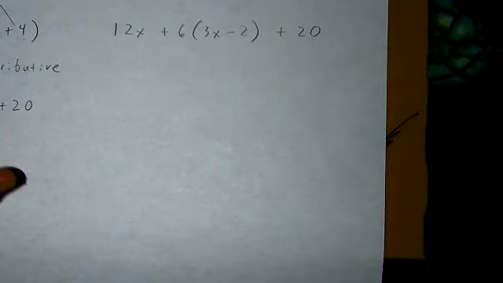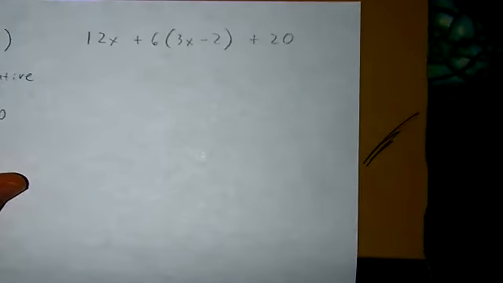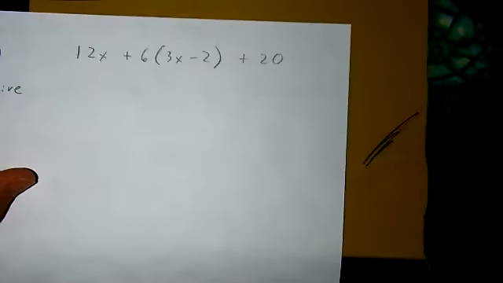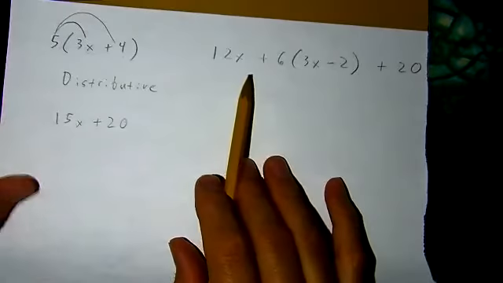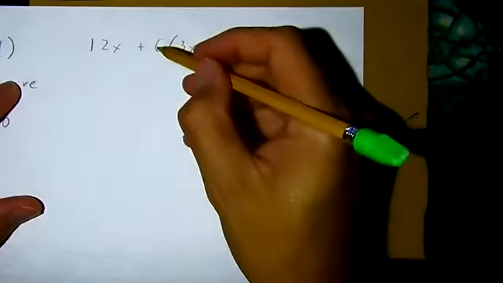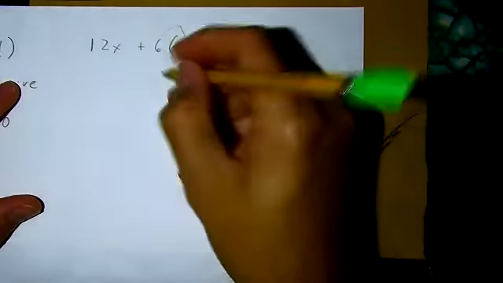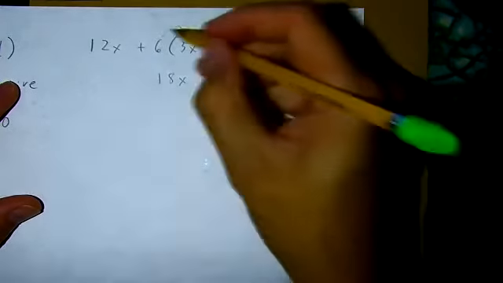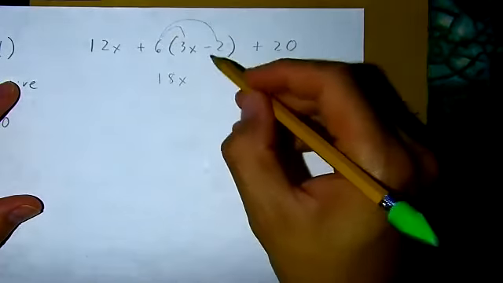So for instance, you would follow your PEMDAS, so you've got to get rid of these parentheses before you do anything else. You've got to do your distributive property just like we did over here, because there's a 6 touching your parentheses. So 6 gets multiplied by 3x, 18x. 6 gets multiplied by negative 2.